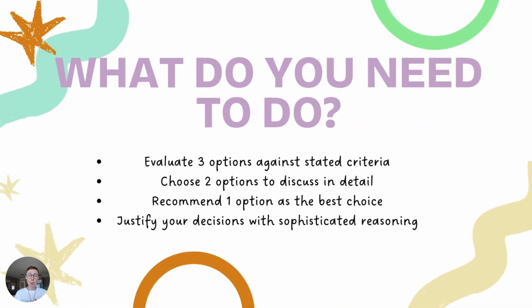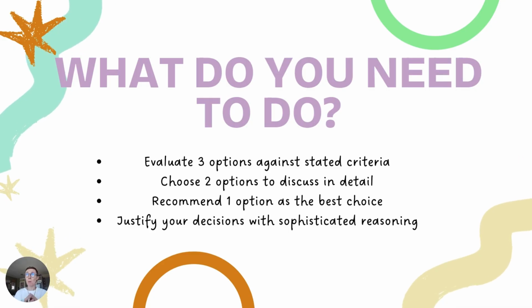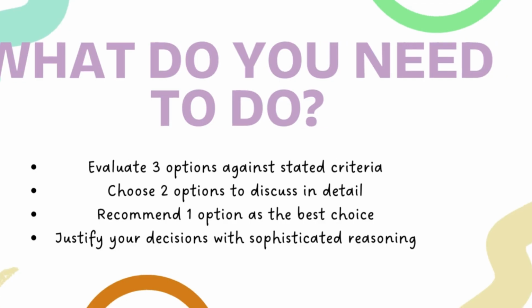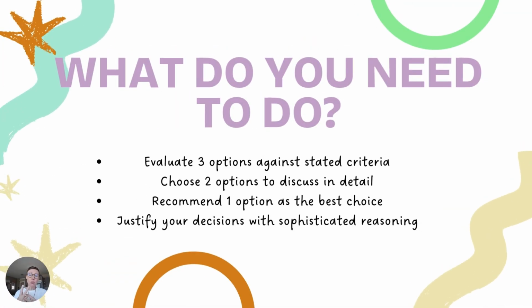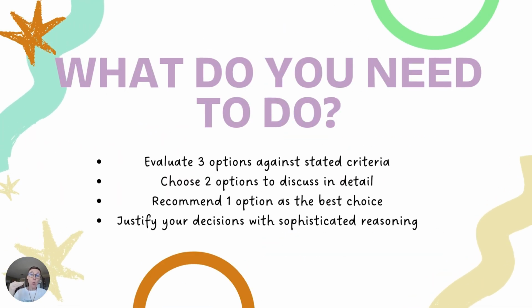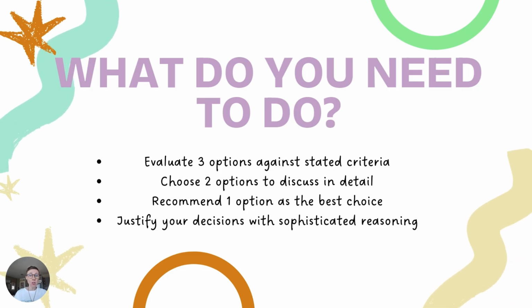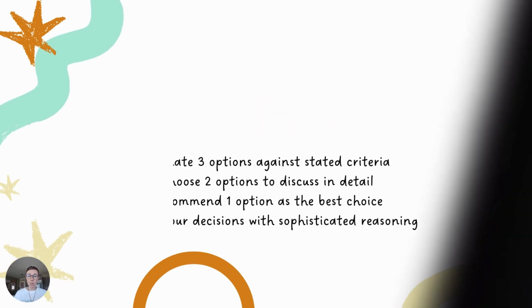So you're going to be asked to evaluate whether that should be museums, whether that should be public spaces, or whether that should be sports centres. You're going to have to choose 2 of those 3 options to discuss in detail, and then recommend one option as the best choice. And you need to justify your decisions with specific reasoning.